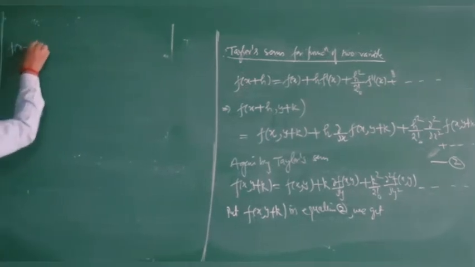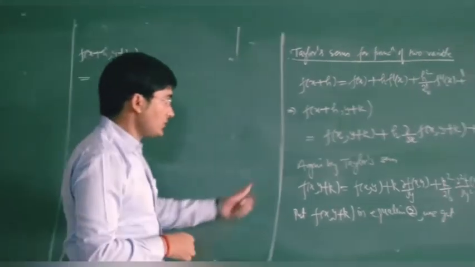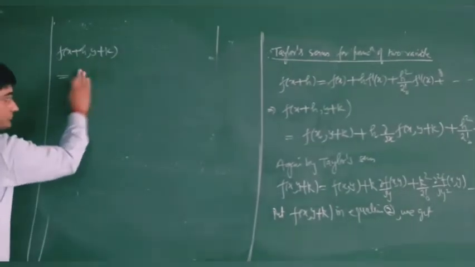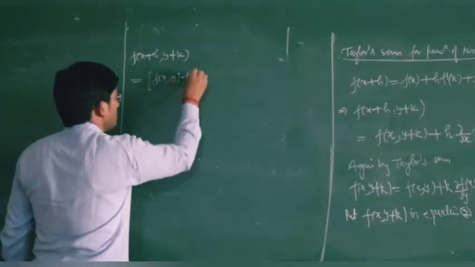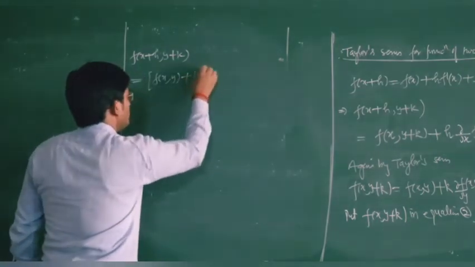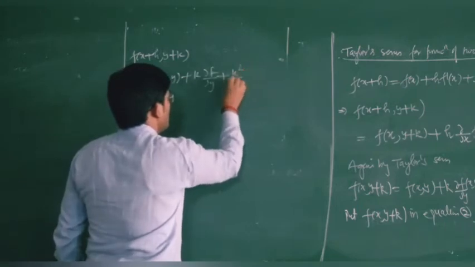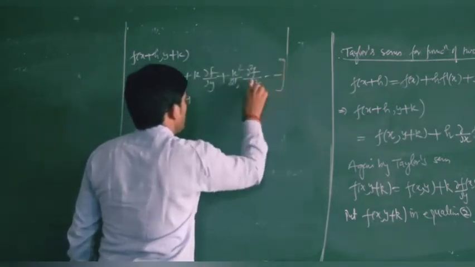f(x+h, y+k) equal to, the first term is your f(x, y+k). So this is equal to simply f(x, y) plus k into del f upon del y, assuming that f is a function of x and y. Then we will have k square upon factorial 2, del 2 f upon del y squared.